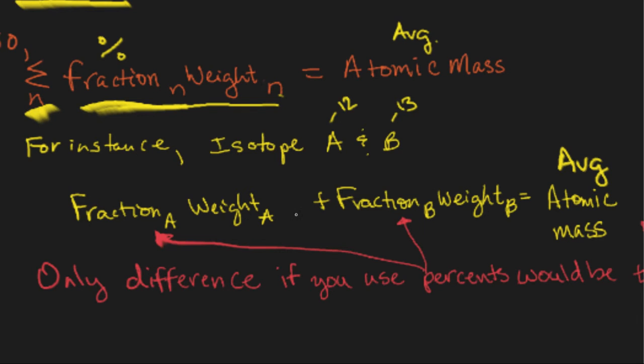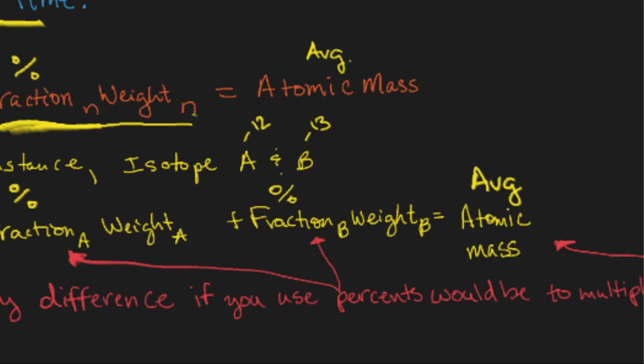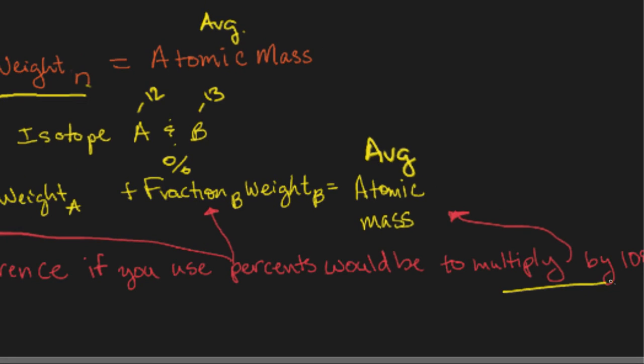The only difference if I use a percentage here and here is that whenever I do percentages, you need to multiply by 100 here. Okay, that's only if you're doing percentages. If you're not doing percentages, it would be a 1 because we're talking about fractions of a whole.